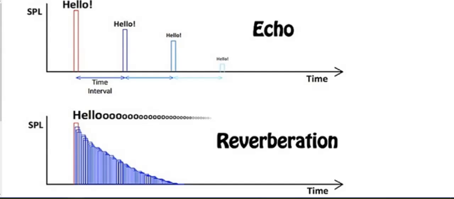Whereas with reverberation, you can see the overlapping of the original hello, and that's visually what it sounds like. Maybe it doesn't linger as long, especially not in my classroom, but it does linger a little bit.